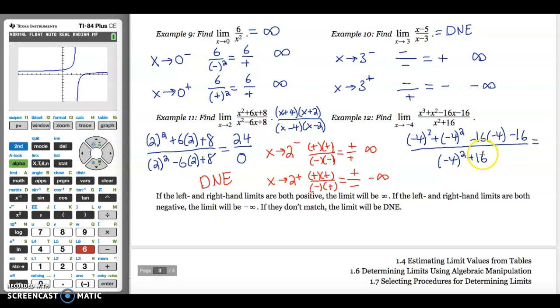Nothing wrong with that. I just want to make sure my video ends up correct. Minus 16 times -4 and then minus 16. So on the top, we get 0, which is not very exciting. And on the bottom, you get, well, -4 squared is 16. 16 plus 16 is 32. Oh, so overall, the answer to this one is automatically 0.